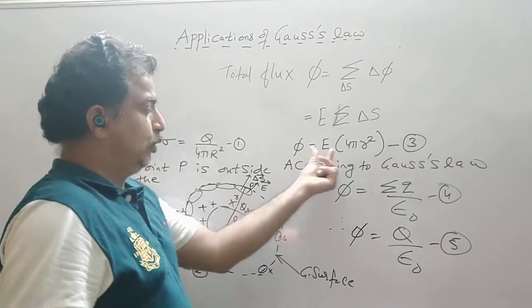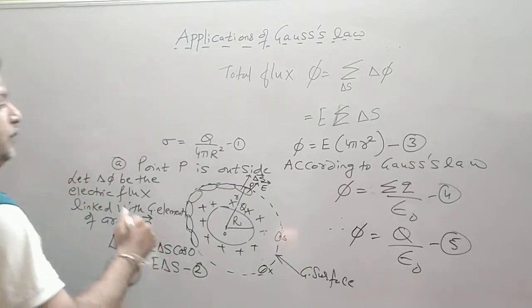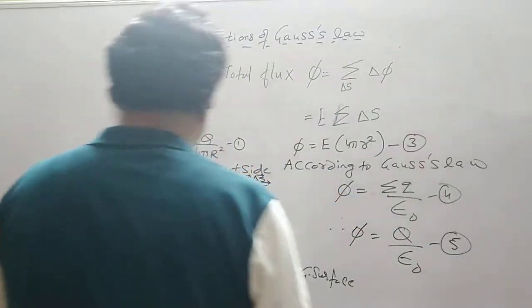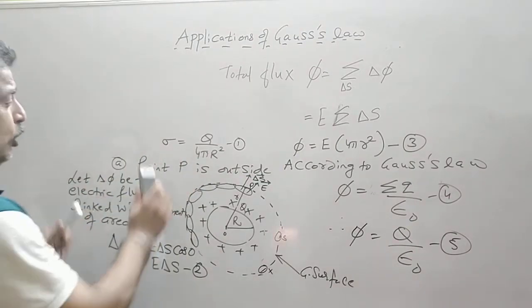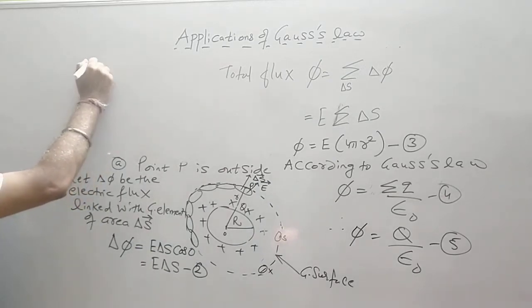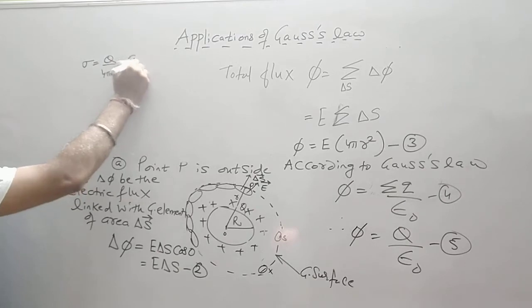Now we need to find out the electric field intensity. So we compare equation 3 and 5. At the same time we need equation 1 also. So equation 1 is sigma is equal to Q upon 4 pi r square.